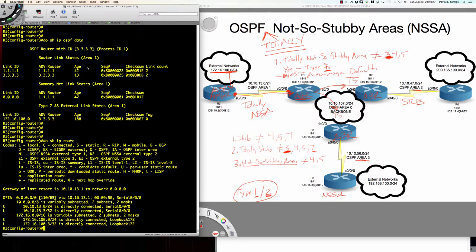Now router 3 is a totally not so stubby area. So the totally not so stubby area says I'm not going to have any type 3s, type 4s, or type 5s.